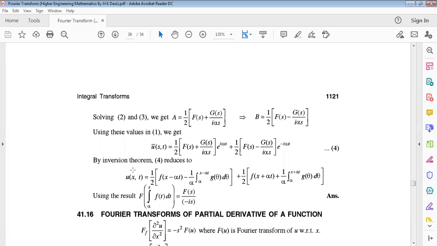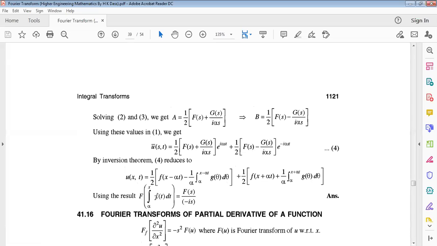Now by the inversion theorem, taking the inverse Fourier transform, u(x, t) will be half of f of x minus alpha t, minus 1 by alpha, integration from alpha to x minus alpha t of g of theta d theta, in the third bracket, plus, in the same case using the inversion formula, we also get f of x plus alpha t, and s transforms to theta.